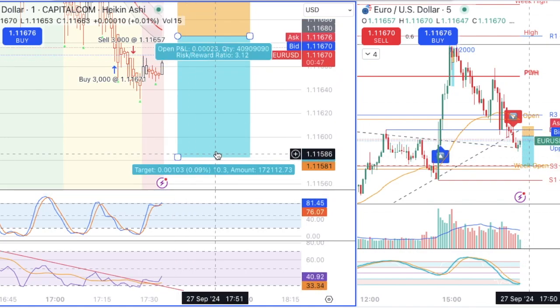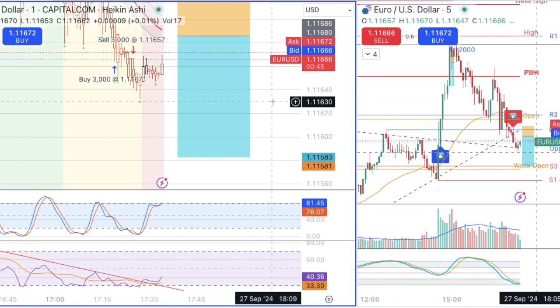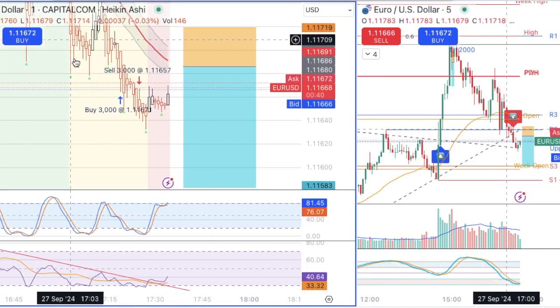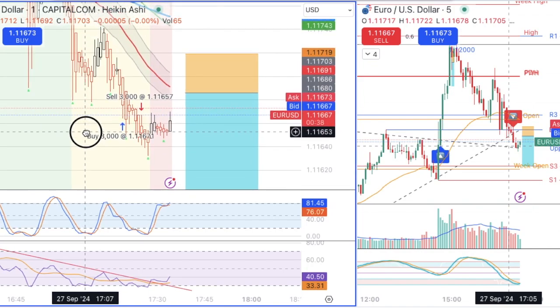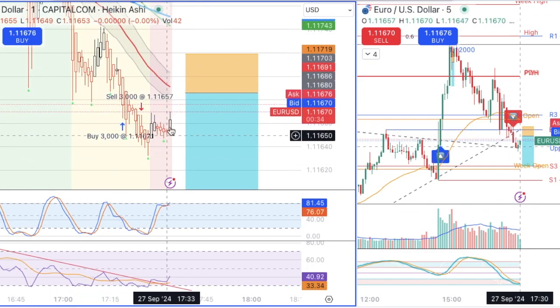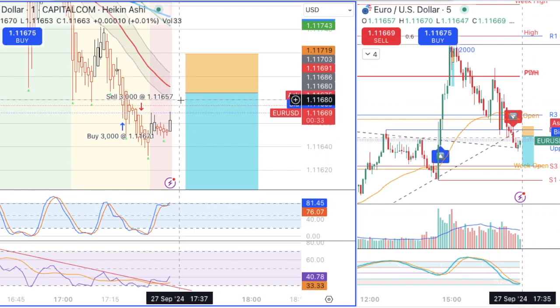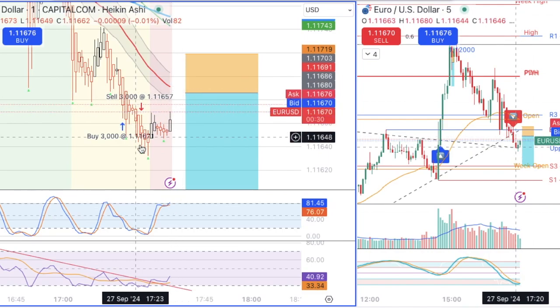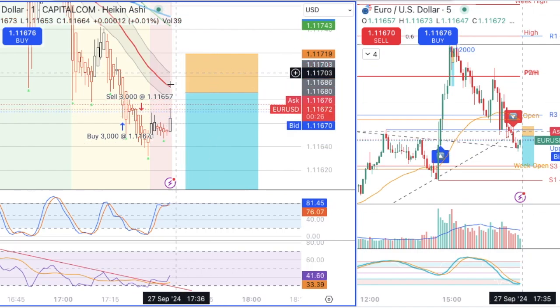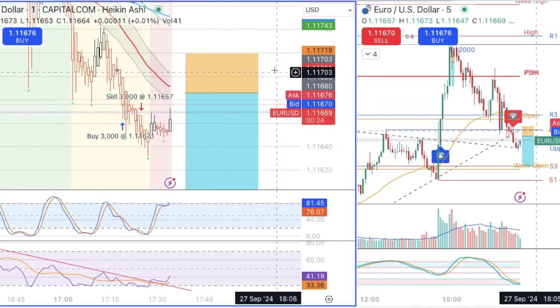And yeah. So okay, it's going up. I really wanted to see something more like this. So let's see what it does. I'm not gonna go in until it starts coming back down again.